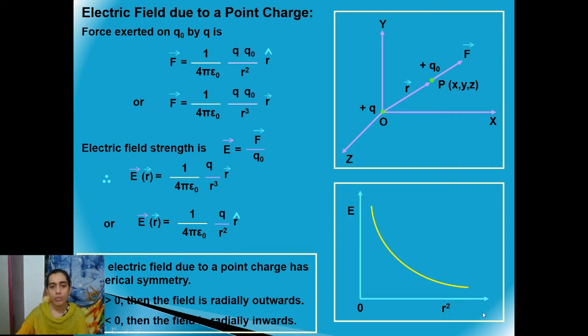As the distance goes on increasing from the source charge, the magnitude of the electric field will go on decreasing. If the distance between the test charge and the source charge goes on decreasing, then the magnitude of electric field strength or the electric field intensity will go on increasing. So this is how we derive electric field produced due to a point charge.